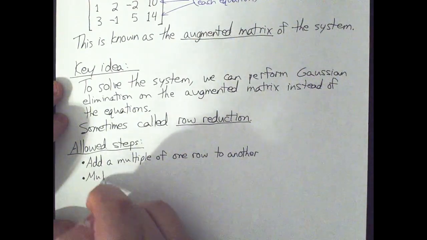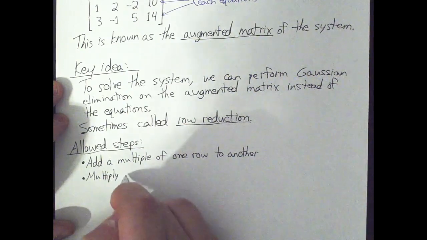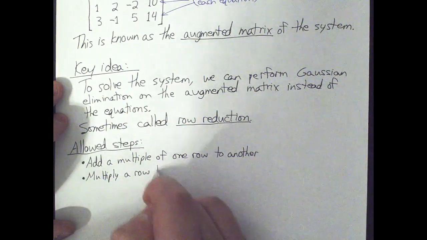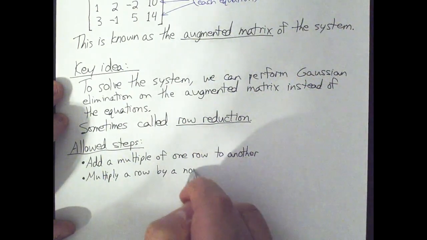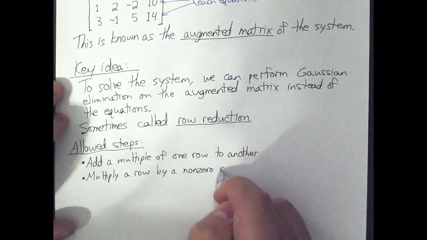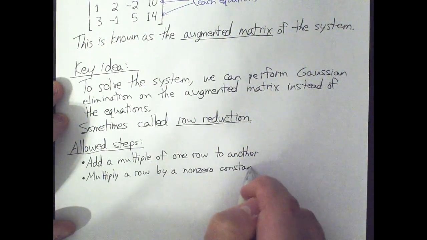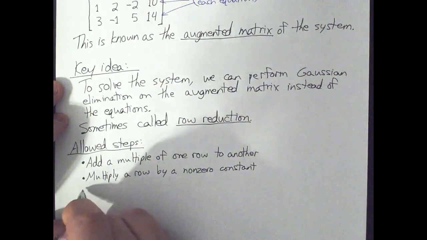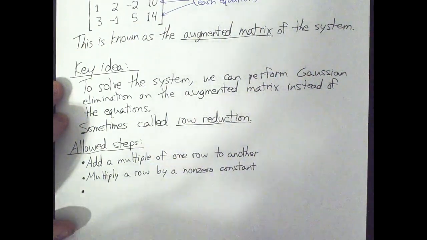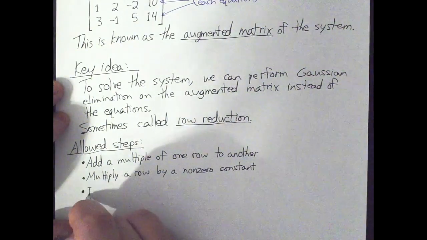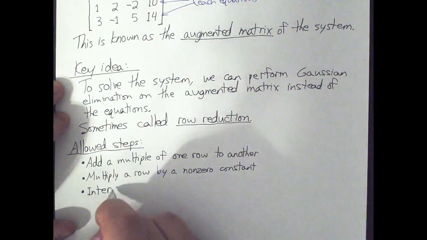You can multiply a row by a non-zero constant. And the third one, I think, is the one that we didn't use before. This is that we can interchange rows.